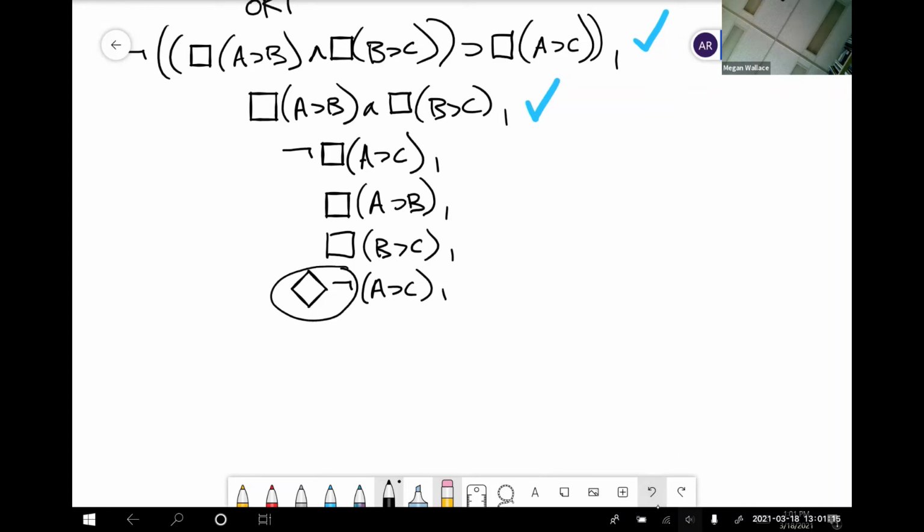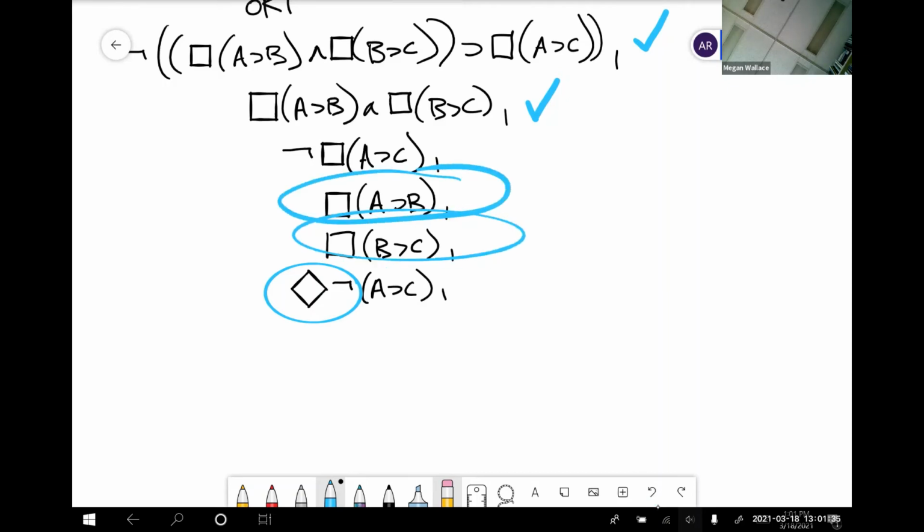Sorry, that was supposed to be blue. And because we're in N, we can assume that all worlds are non-normal unless it's world 0 or there is a necessity claim true at that world. Well, there is a necessity claim true at world 1. In fact, there's 2. So that means that 1 is normal, not non-normal.